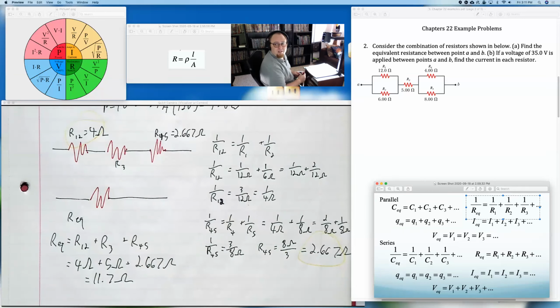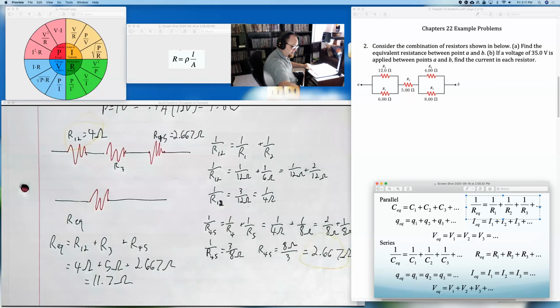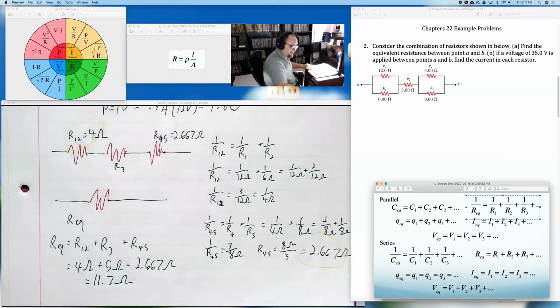Part B says 35 volts is applied to this. What's the current on each resistor? So I'm going to need a bit more space to do this. I'm going to really quickly, and I'm not going to worry about color coding at this time, draw this again 3 times.